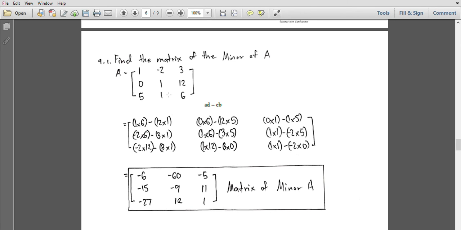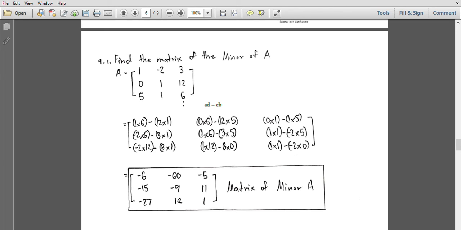For this element 1, these are its A, B, C, D. Then using the formula AD minus CB, we have 1 times 12 minus 3 times 0, which is equal to 12.